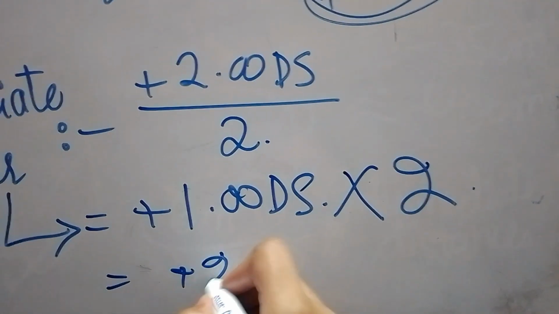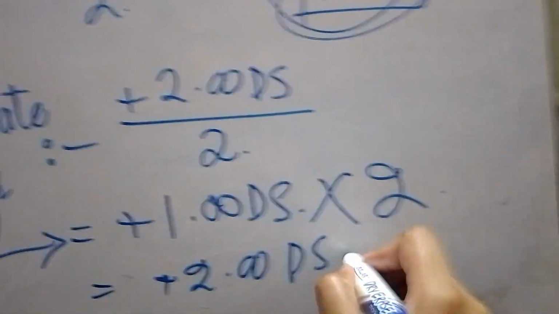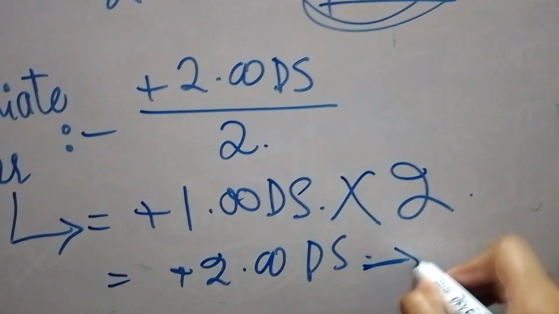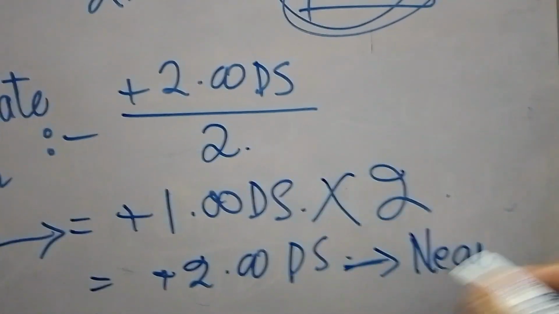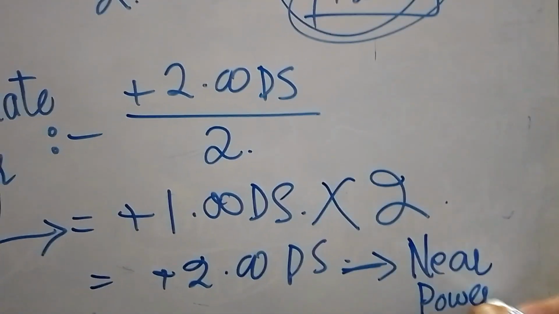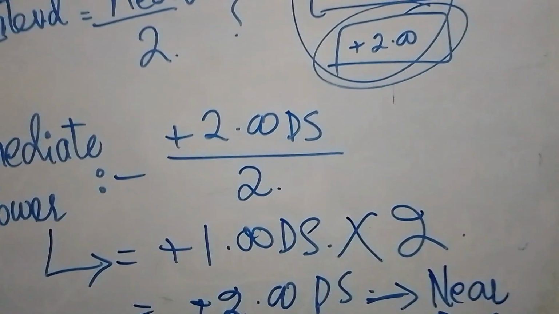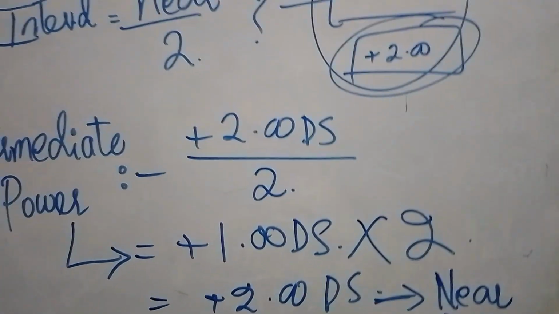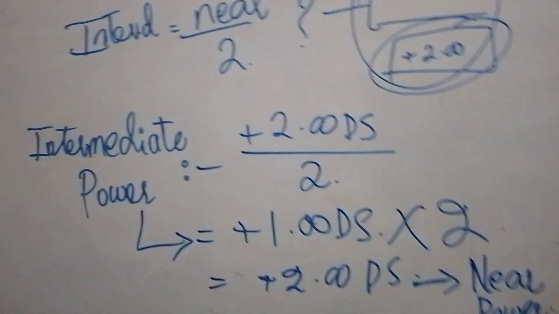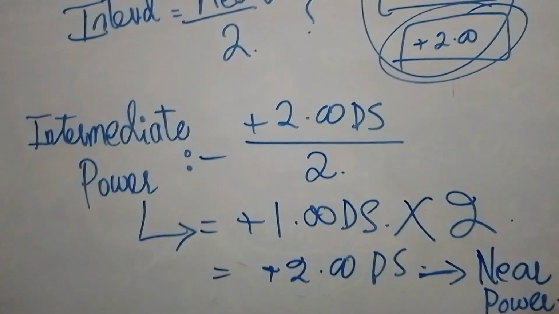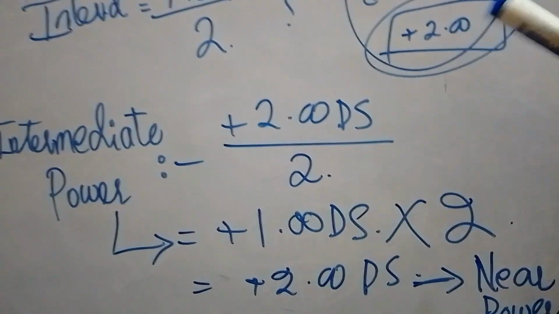So here plus 2 will be the near power. This is something additional, right? So the thing I want to tell you is that you can calculate the intermediate power by having only the near power.